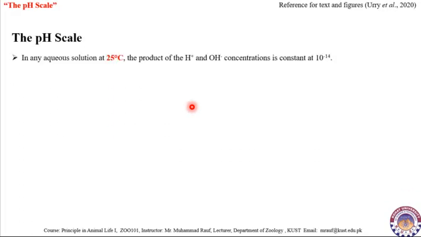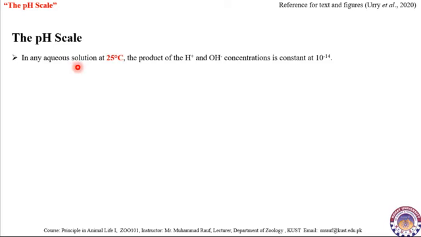Now the pH scale. The pH scale refers to the power of hydrogen, as the pH indicates. It's a term derived from the phrase pouvoir hydrogène, meaning the power of hydrogen. So this scale indicates the acidity or basicity of a solution.